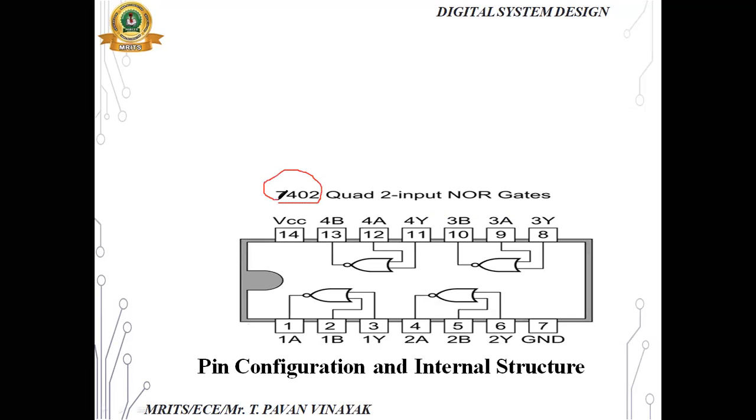In the NOR gate IC, first pin is output, 2 and 3 are input, fourth pin is output, 5 and 6 are input, eighth pin is output, 10th pin is output, 8 and 9 are inputs, 13th pin is output, 11 and 12 are input. Remember this one. This is different compared to all ICs.